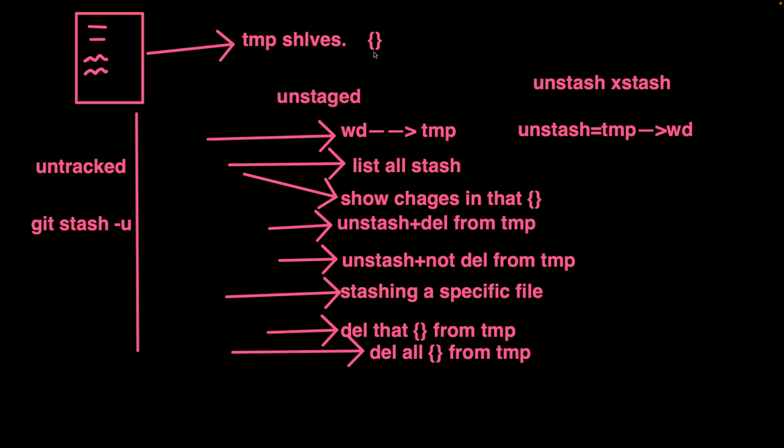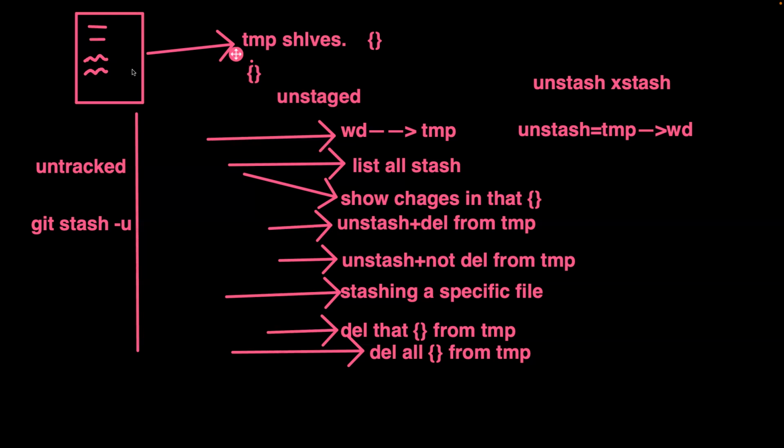Whenever you are unstashing, you are using that stash number. Do you remember the unstash command also uses that stash number? Let's say these two lines are stashed in this stash number. You unstash those two lines, you'll get them back.